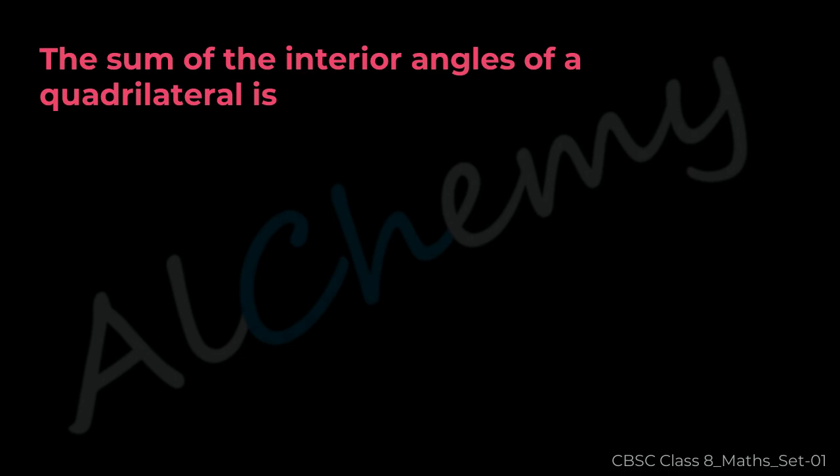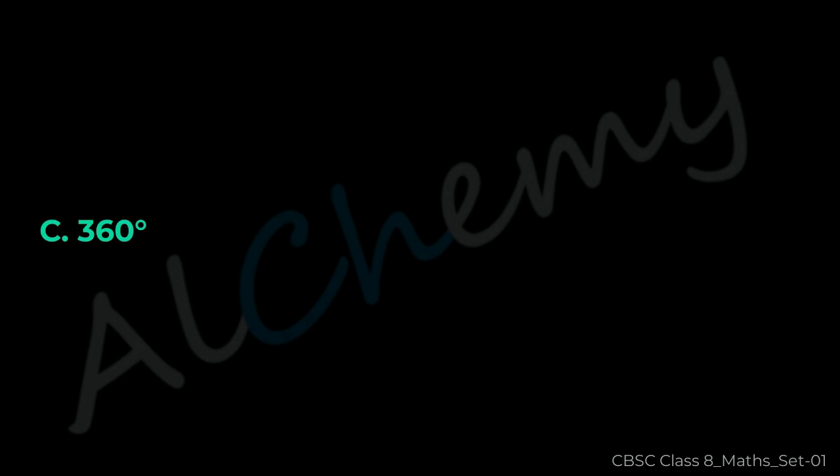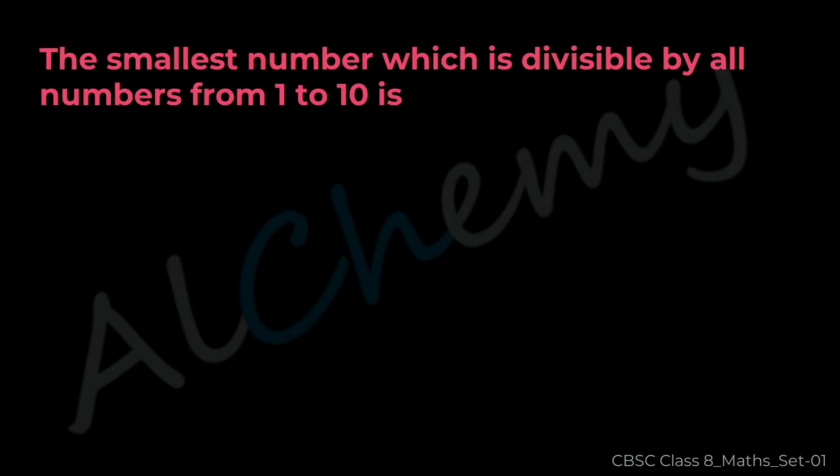Question 50. The sum of the interior angles of a quadrilateral is A 180 degrees, B 270 degrees, C 360 degrees, D 450 degrees. The correct answer is C, 360 degrees.